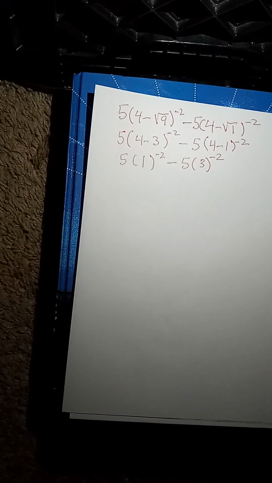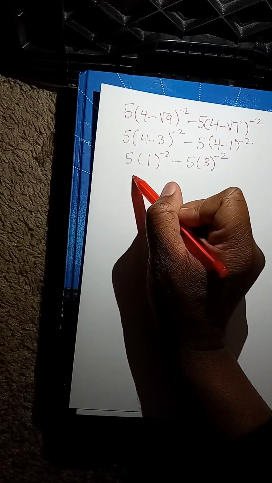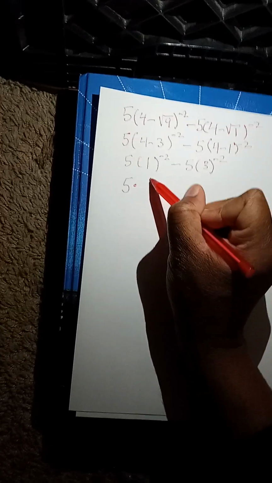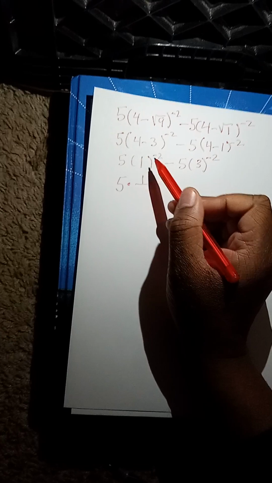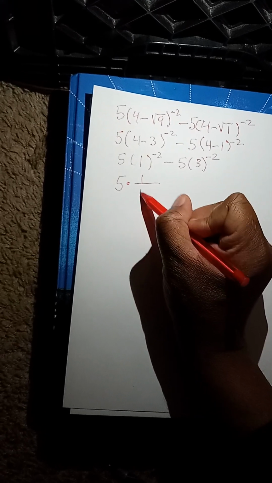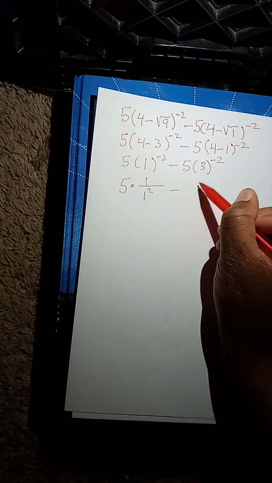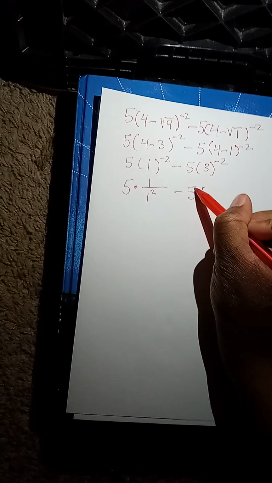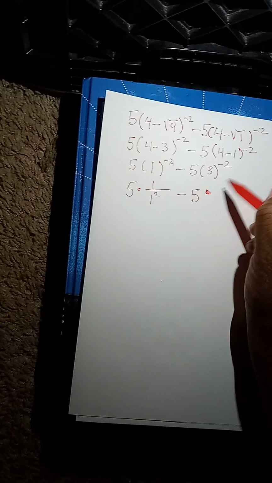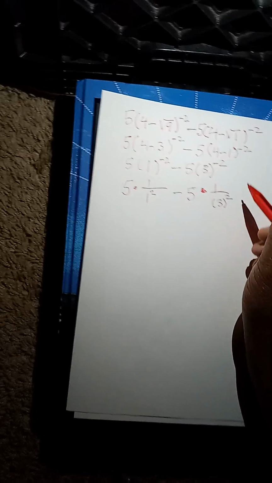So now dealing with laws of negative exponents. We want to do 5 times 1 over, and since it was negative in the numerator, it's going to be a positive exponent in the denominator, so 1 to the second power, minus 5 times 1 over 3 squared.